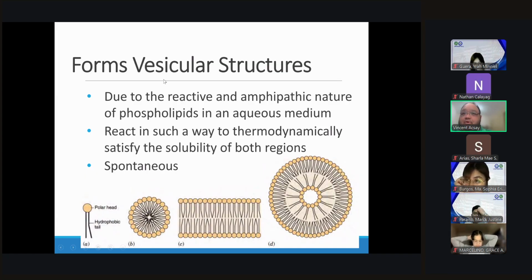So they will form structures that thermodynamically satisfy the solubility of both regions. This is also a spontaneous action. They will form it if they exist in enough amounts and within close enough proximity.